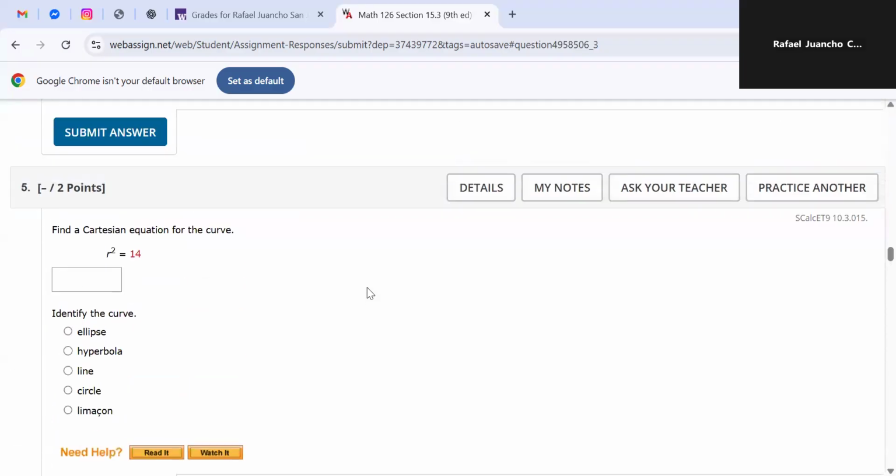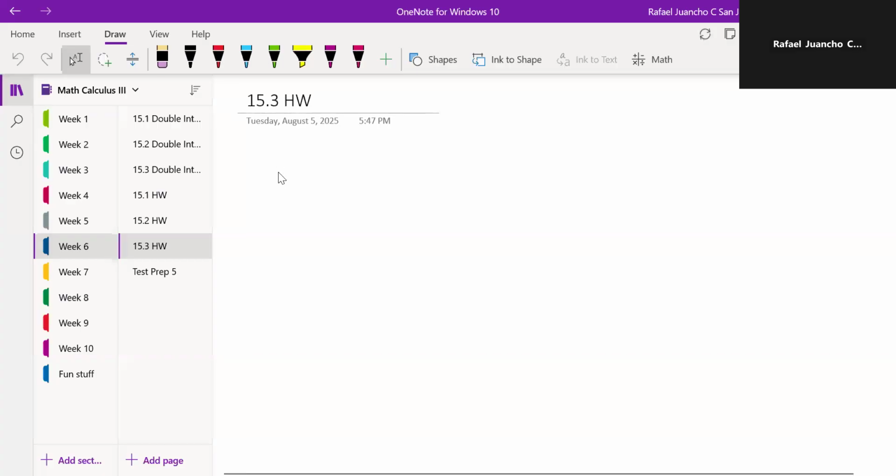Okay, now we have find a Cartesian equation for the curve. So this one, okay, let me go back to my thing here. Let me just flop to the homework.